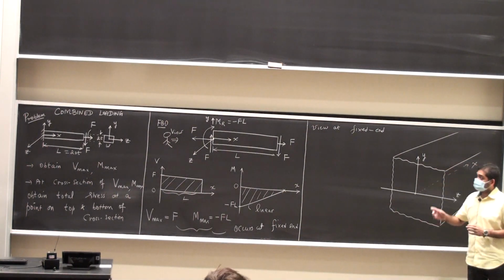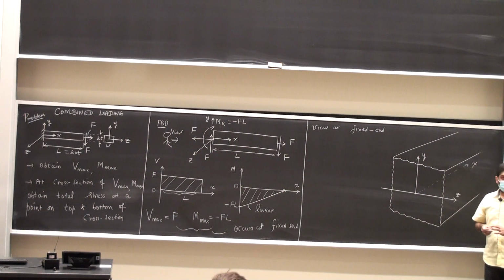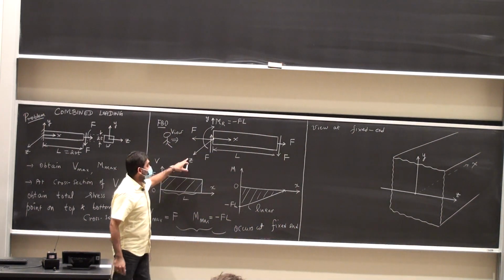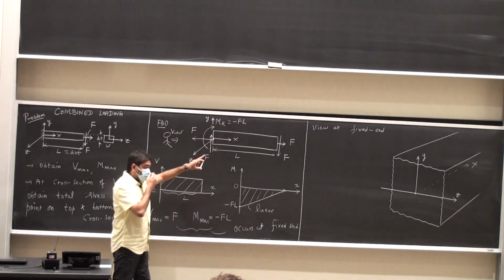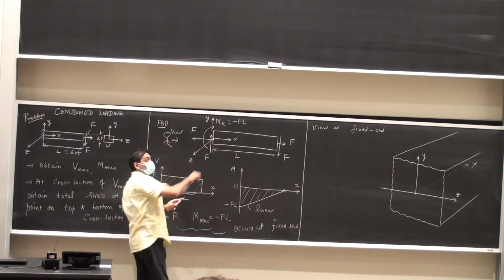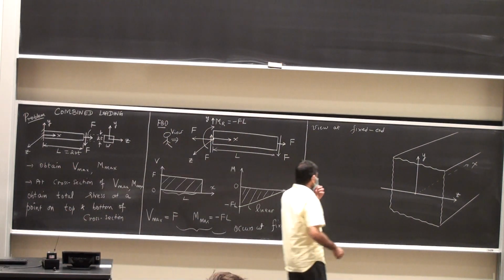Watch this very carefully. It is drawn as clockwise, which means that if I'm using the right hand rule, if this is the z direction, forget the fact that it's minus F times L. This is the z direction. The right hand rule says that the moment has to be pointing along the negative z direction. I'm going to draw it exactly that way.